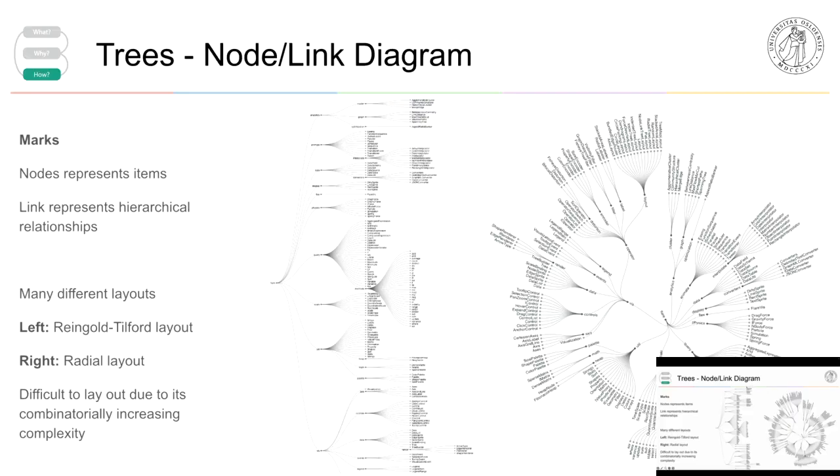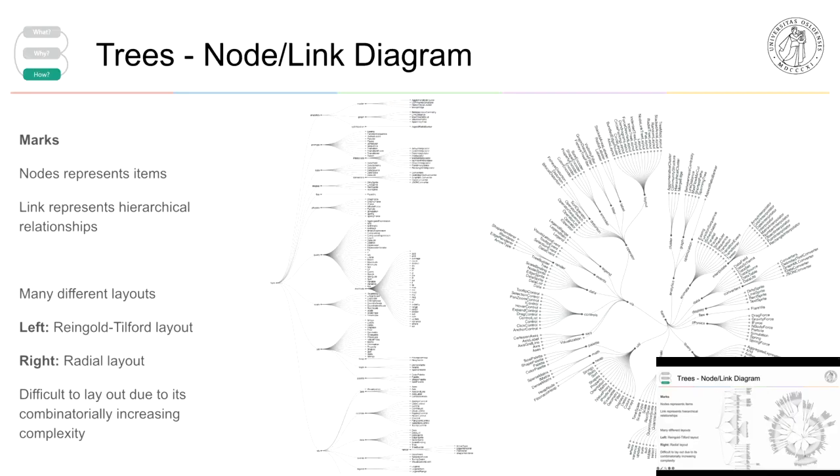So for instance, here these nodes would be your items, and you have the branch nodes as well, and the links here. So these items are all hierarchically under the same branch, right?